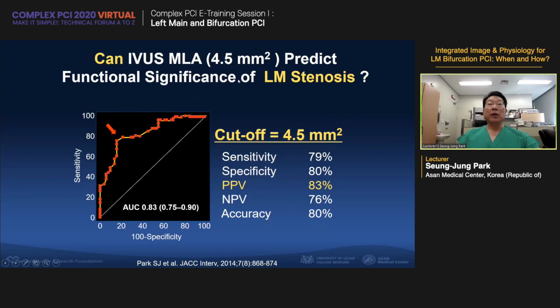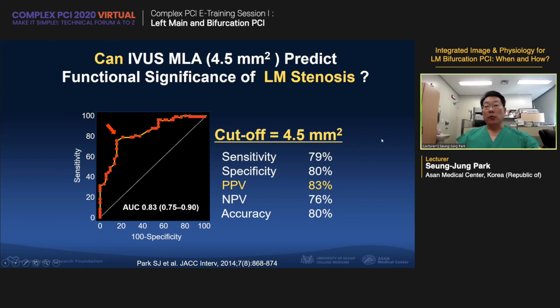In 2014, we presented our data, suggesting that the 6.0 cutoff value may be relatively too big to estimate functional significance. So we included almost 112 patients, looking for an IVUS MLA cutoff matching FFR 0.8.